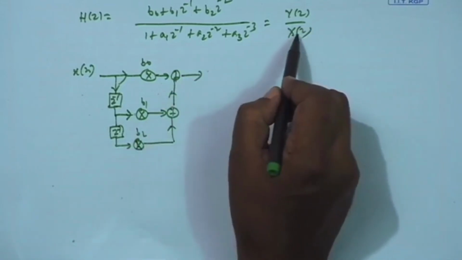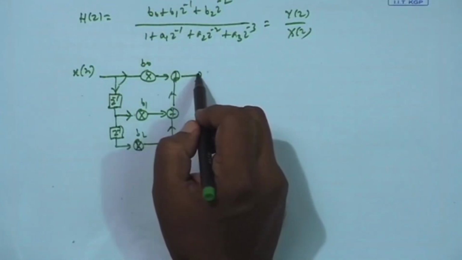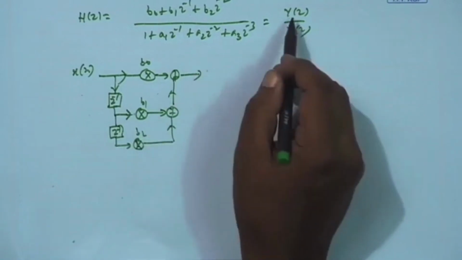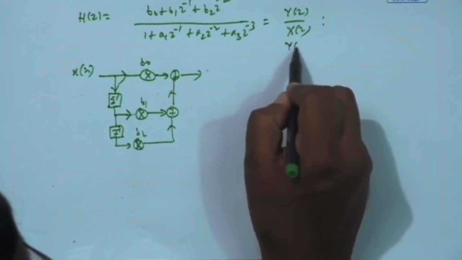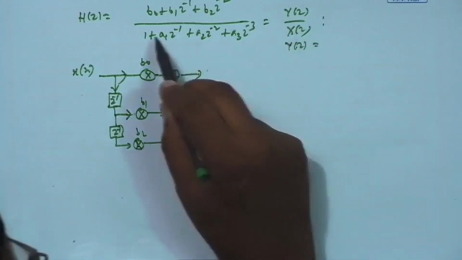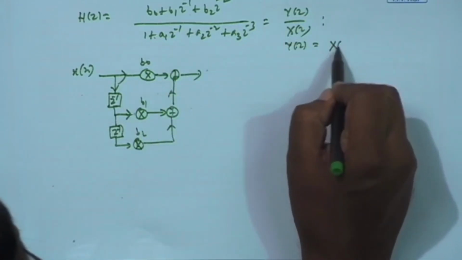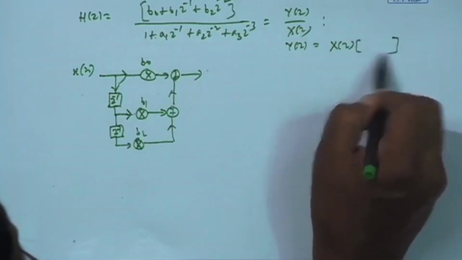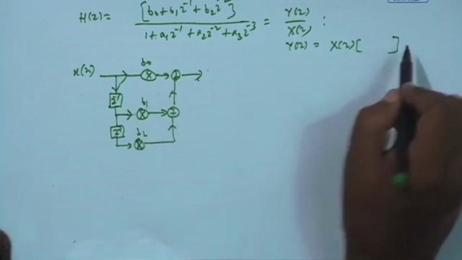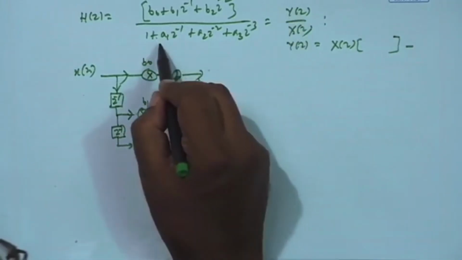So, what is generated here? X(z) into this numerator, that part is generated. Okay. Now, Y(z) by X(z), this means Y(z) is equal to, we want to find out the output Y(z). So, Y(z) into 1 is X(z) into this numerator part, that is already available here now, minus Y(z) into this part.